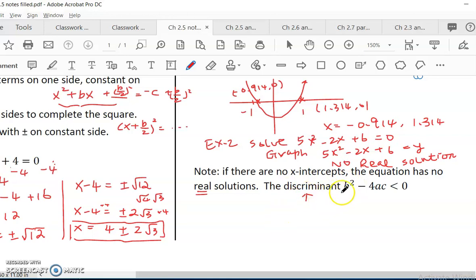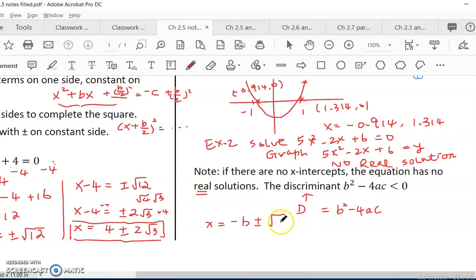A discriminant is in the quadratic formula, the b squared minus 4ac part. If the discriminant, sometimes we abbreviate as D, is equal to b squared minus 4ac, if this is a negative number, you would know that in the quadratic formula, you have x equal to negative b plus and minus a square root of a negative, over 2a.